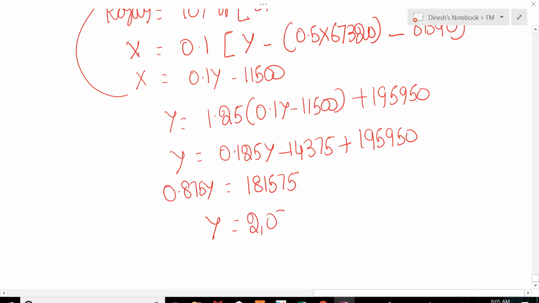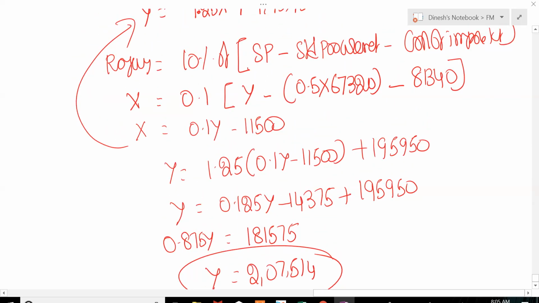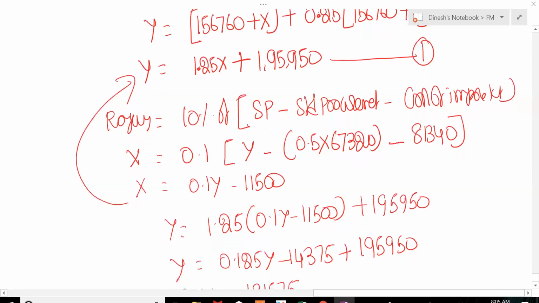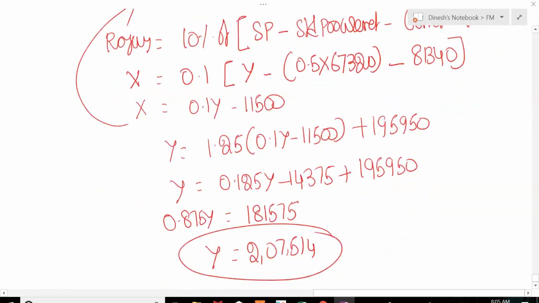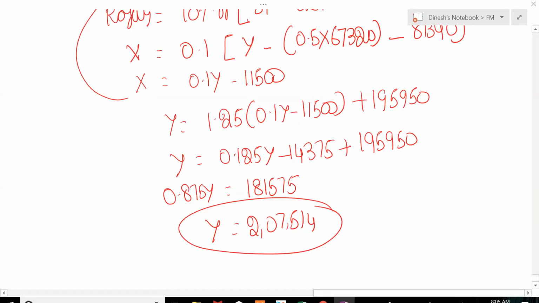Is this the price you get? 2,07,514. The easy thing is to do a substitution. You substitute the value of x in the first equation. In place of x you write 0.1y minus 11,500. You substitute that, the equation gets simplified and you get this number.